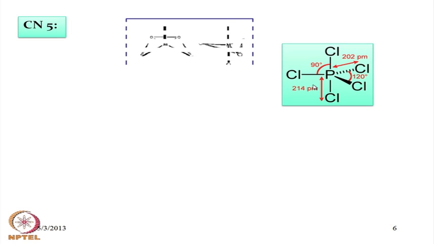So, these phosphorus chlorine bonds are longer compared to the other 3 phosphorus chlorine bonds in plane. This is a classic example of a coordination number of 5 in a trigonal bipyramid geometry. So, we have 2 possibilities: one can be the square pyramid and the other would be the trigonal bipyramidal one.